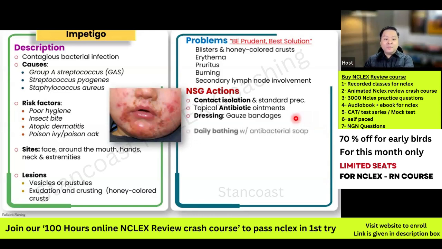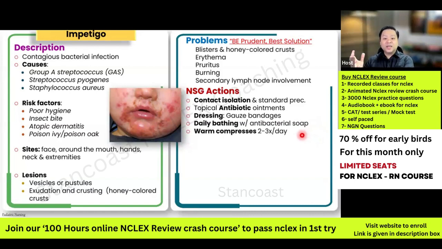Now, we want to make sure that we're also taking care of the patient's hygiene. For example, if they need to be helped, or maybe the parent will be assisting in administering a bath of this pediatric patient. Usually the bathing will include the application of antibacterial soap in order to lessen the infection. Also, warm compresses should be applied 2 to 3 times a day.